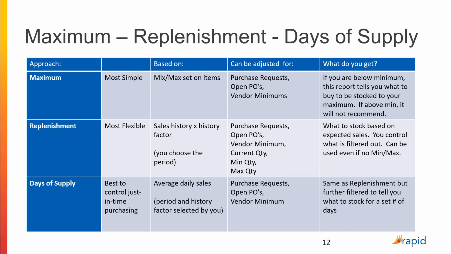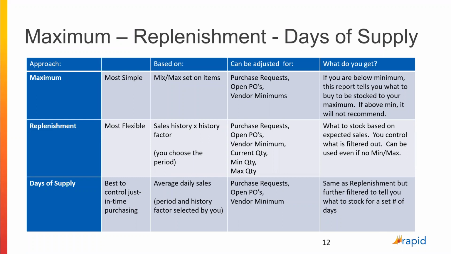Okay, you can notice it can be adjusted to what might be out there in terms of purchase requests or orders. And ultimately what this maximum approach is going to give you is a suggested quantity whenever your current quantity falls below your minimum, and that quantity is going to get you to your maximum level.